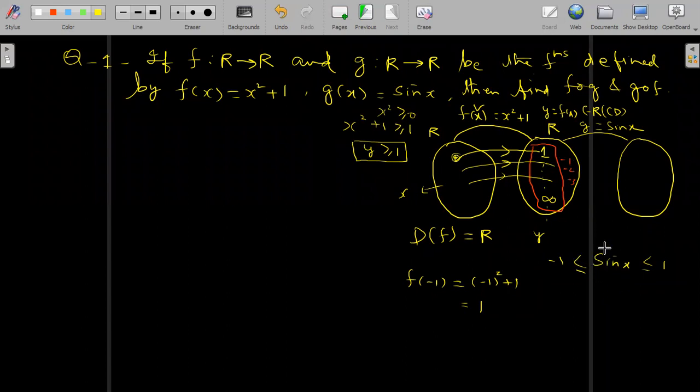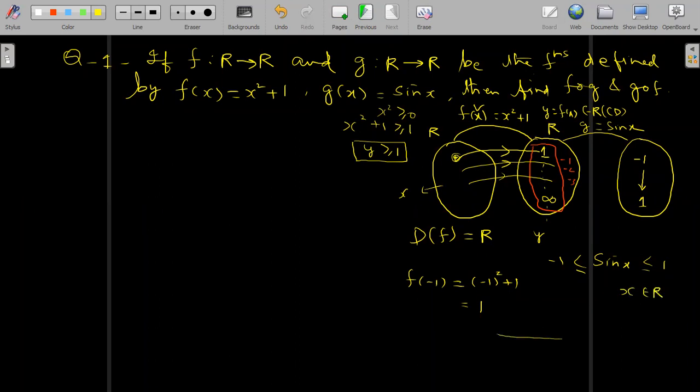But whenever you put any value of x, sin x will give you only values between -1 and 1. Are you understanding? Whatever value of x you put, sin will give you only values lying between -1 and 1 for all x belongs to R.